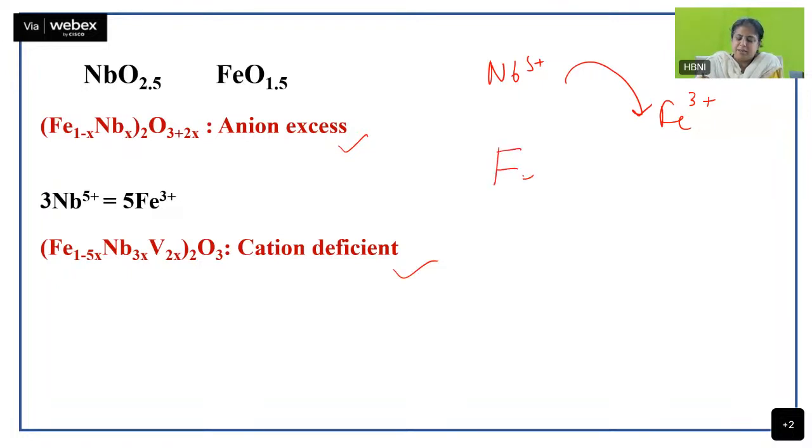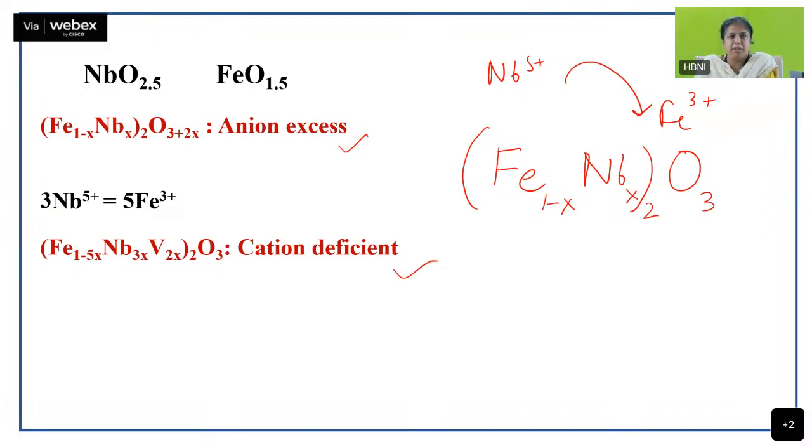In that case, I am not touching my cationic lattice at all. That means my X niobium comes in, so iron remaining is 1 minus X, but I have to play with my anionic sublattice. Now I have to add some anion.